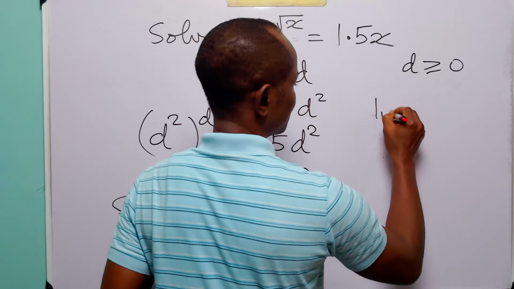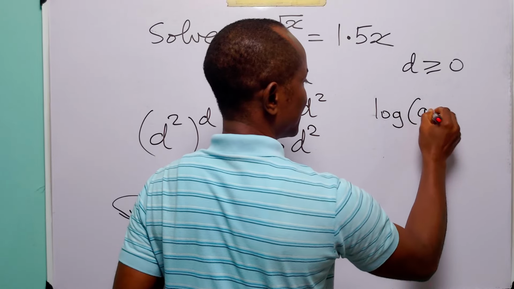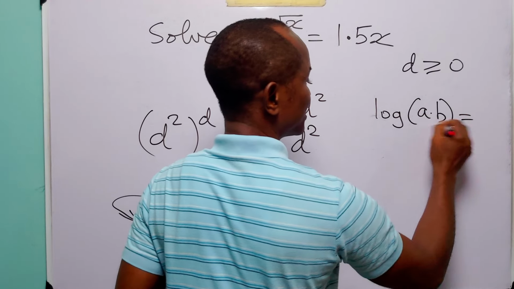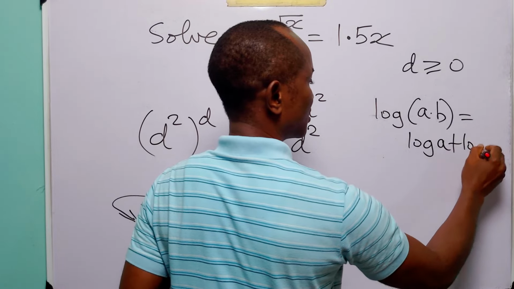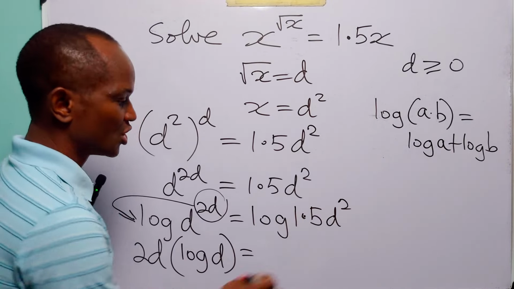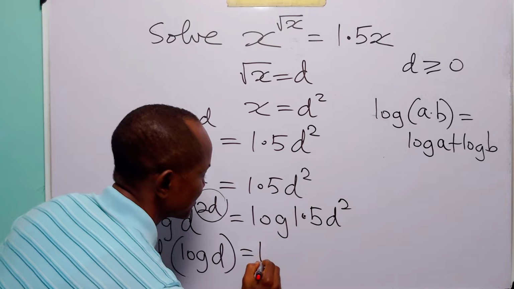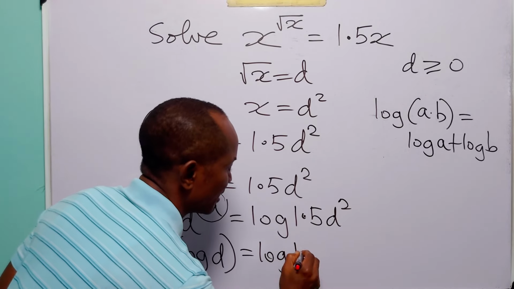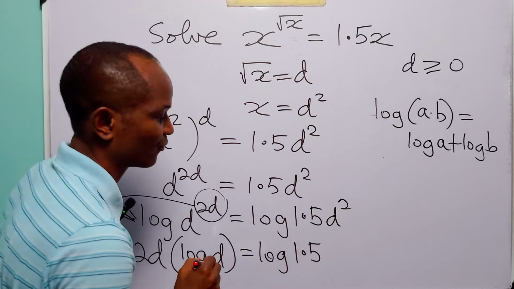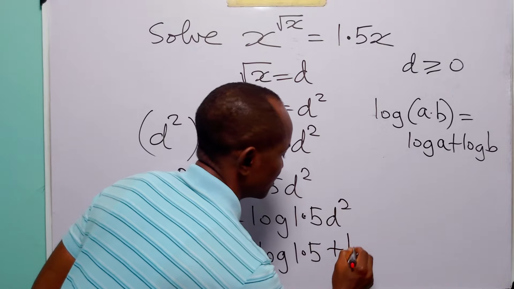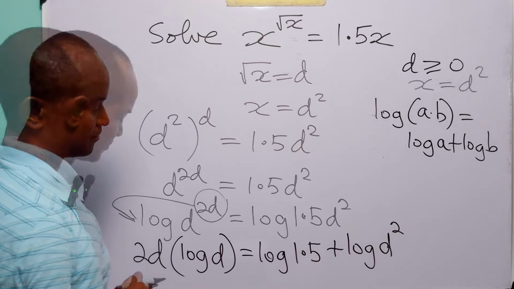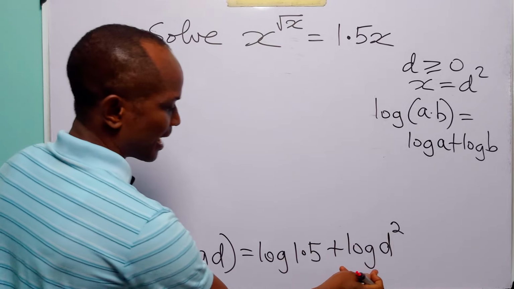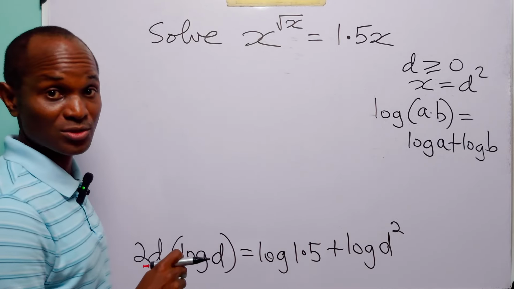Remember that log of a times b is equal to log a plus log b. So we can write this as log 1.5 plus log d squared. And of course, we can apply the power rule to this term also.